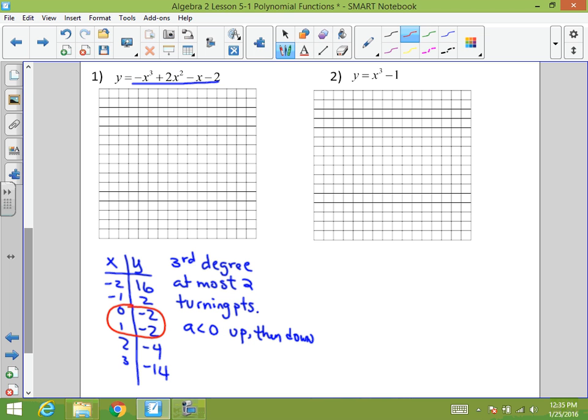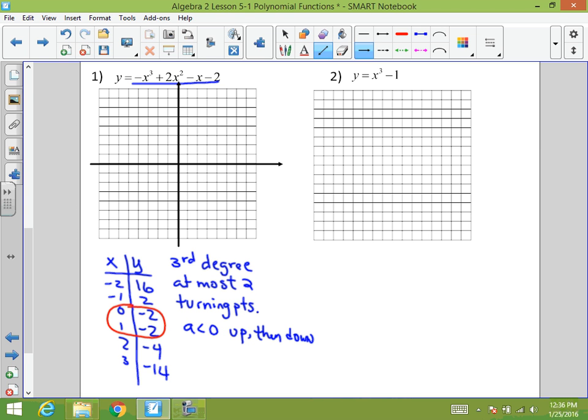So I'm just going to plot what I do know. I'm going to plot some x and y axes here. Well, I think I can just go straight in the middle. So let's go x-axis here, y-axis there. This is my x-axis, this is my y-axis. I'm going to plot the points negative 2, 16.